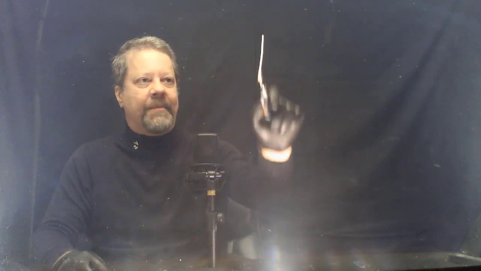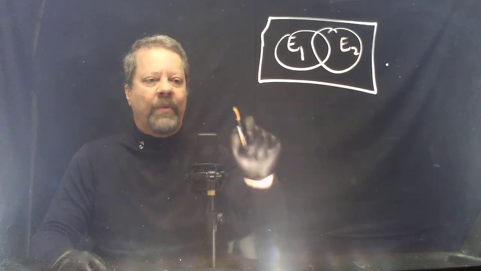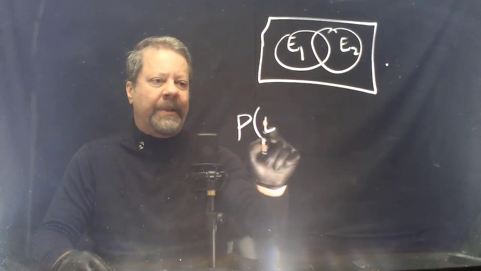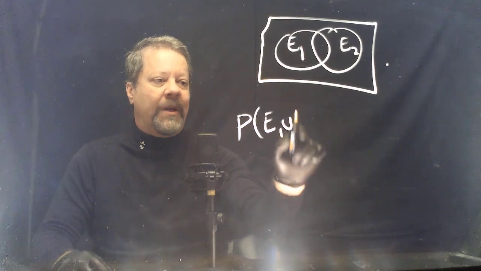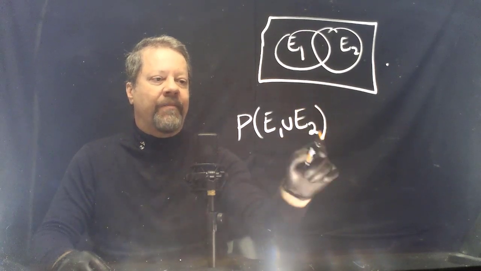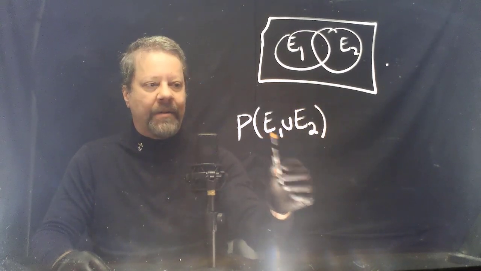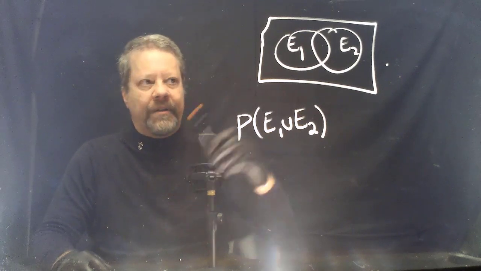In our next example, we're going to suppose that we have 2 events, event 1 and event 2, and we want to find a formula for the probability of event 1 union event 2. Either event 1 occurs or event 2 occurs.